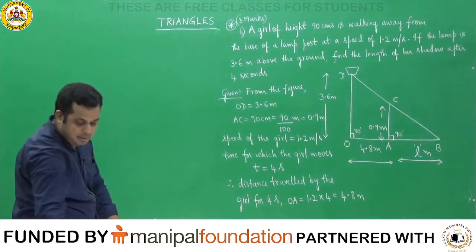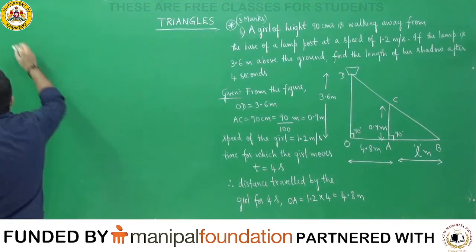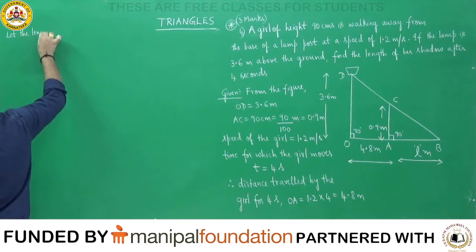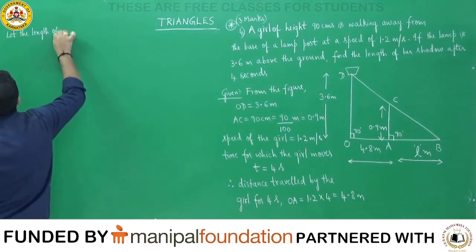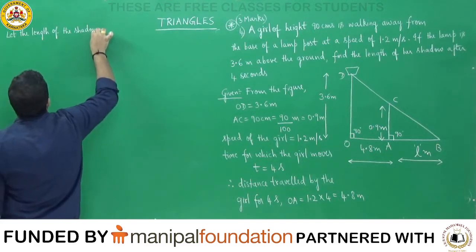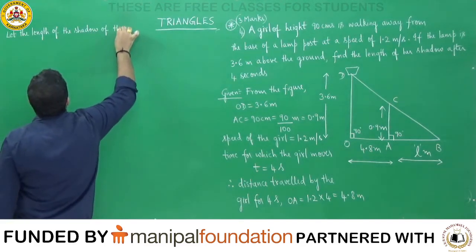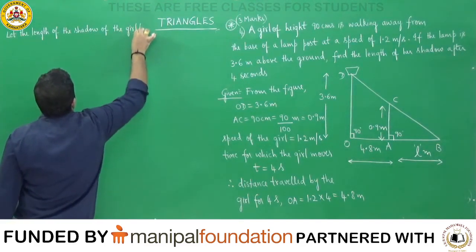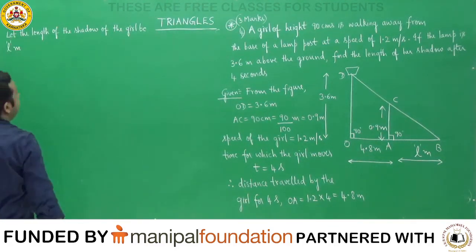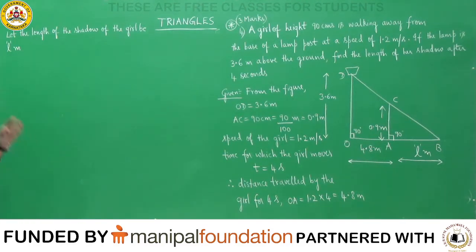Let the length of the shadow of the girl be L meters.